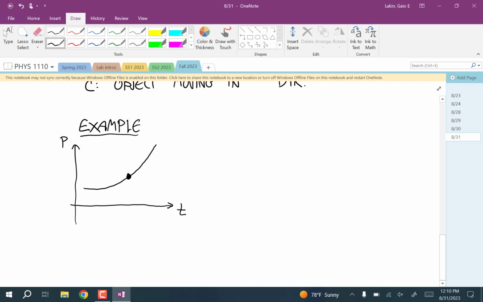And this is the instant that we're interested in. And the object is moving along this line. And we have decided that our positive direction is this way, which means our negative direction is this way.